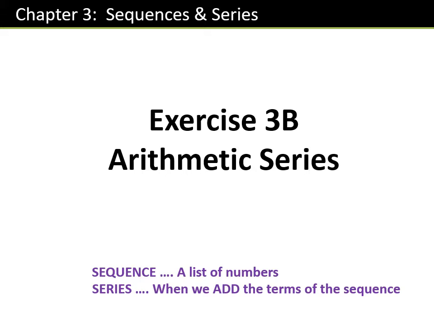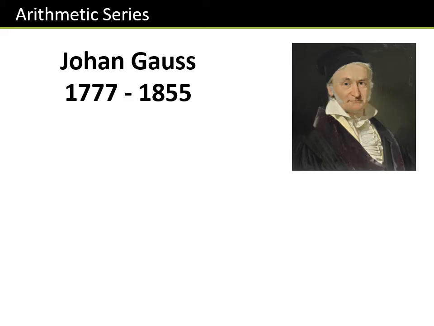So one of my favourite little stories in maths is about the sum to n of the arithmetic series and the formula for it, and it's credited to Johann Gauss, 1777 to 1855.